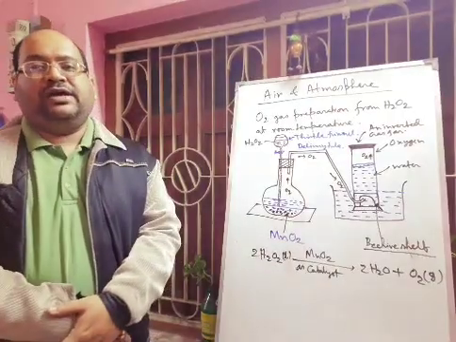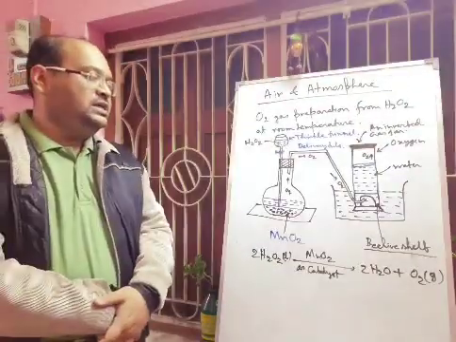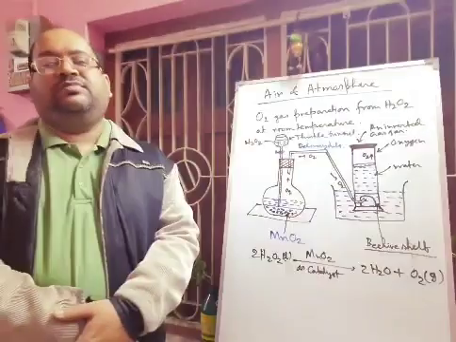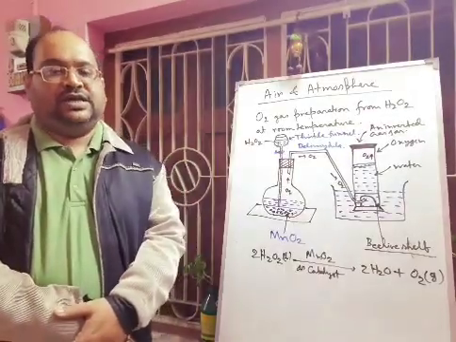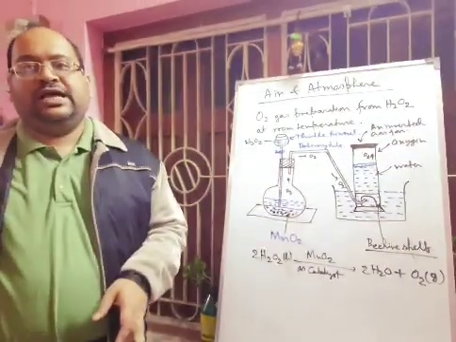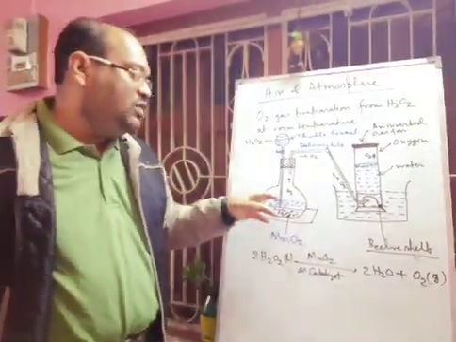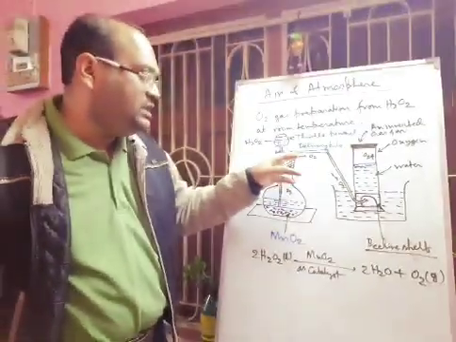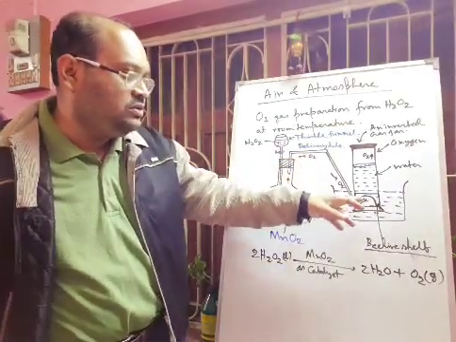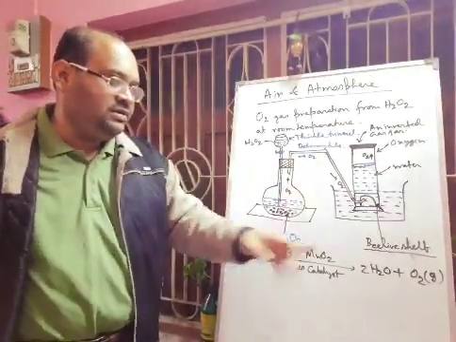Understand what I am telling you? In this way the manganese dioxide decomposes the hydrogen peroxide very fast and produces oxygen gas, and this oxygen gas will come out through this delivery tube, going to the beehive shelf.